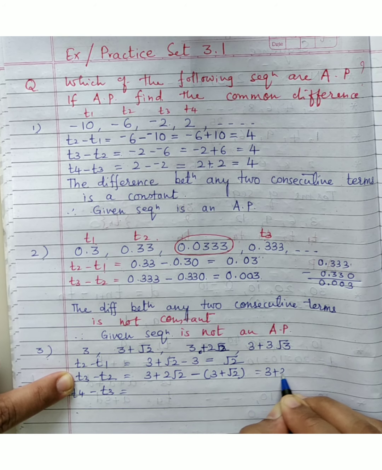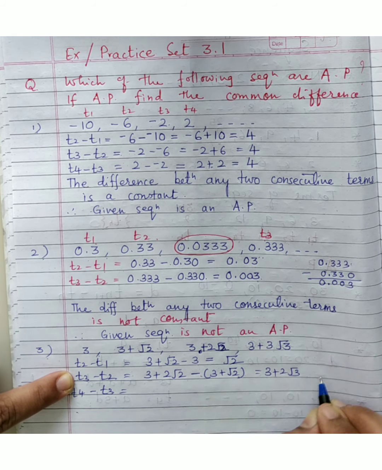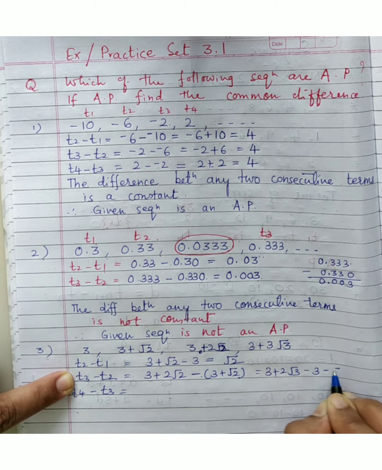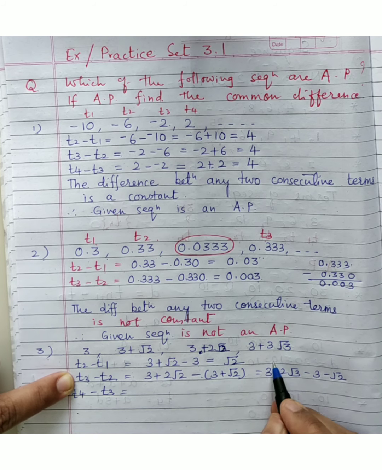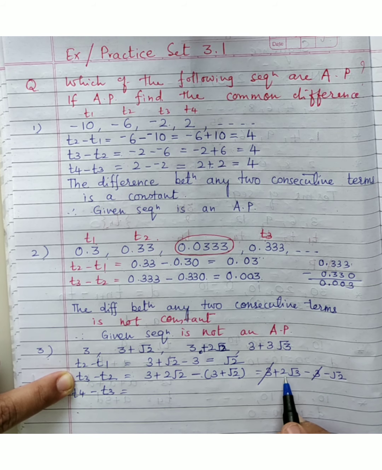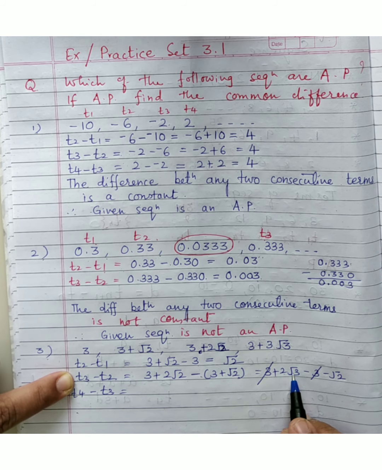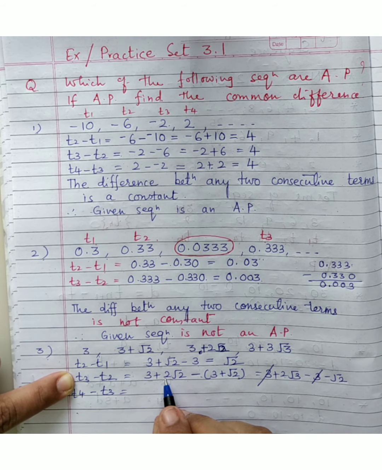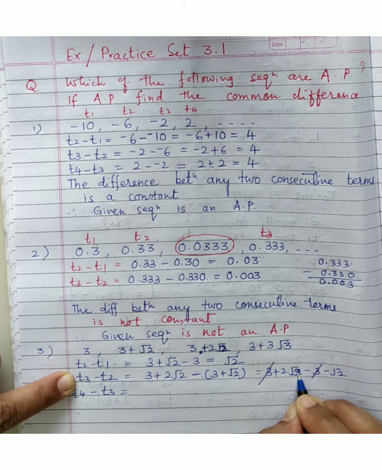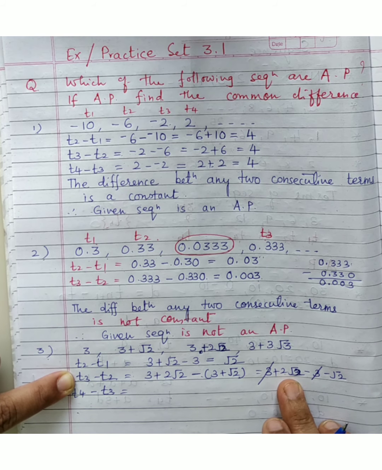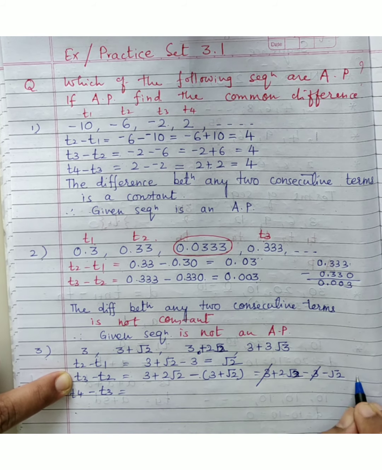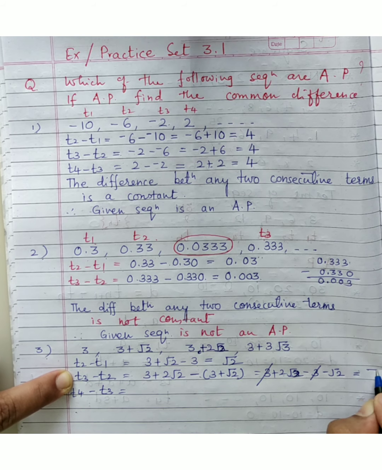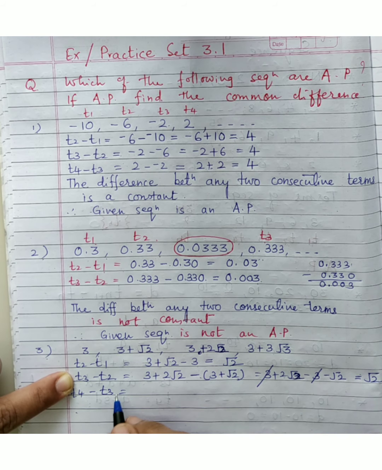3 plus 2 root 2 as it is, open the bracket, minus 3 minus root 2. 3 minus 3 cancelled, so 2 root 2 minus root 2, what is the answer? Like 2x minus x, the answer is root 2.